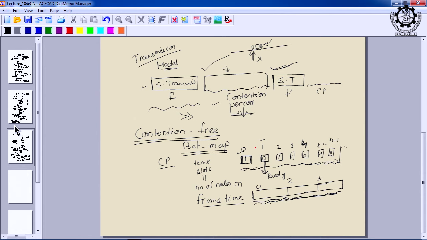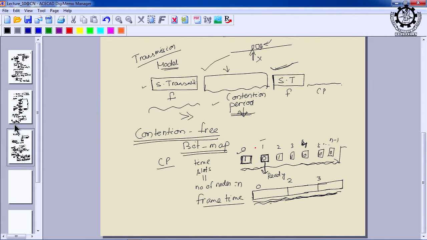That means if a node has heavy data to transmit, it always gets the channel, and a node with less prioritized data can wait. So, this is one of the collision free protocols, the bitmap protocol.